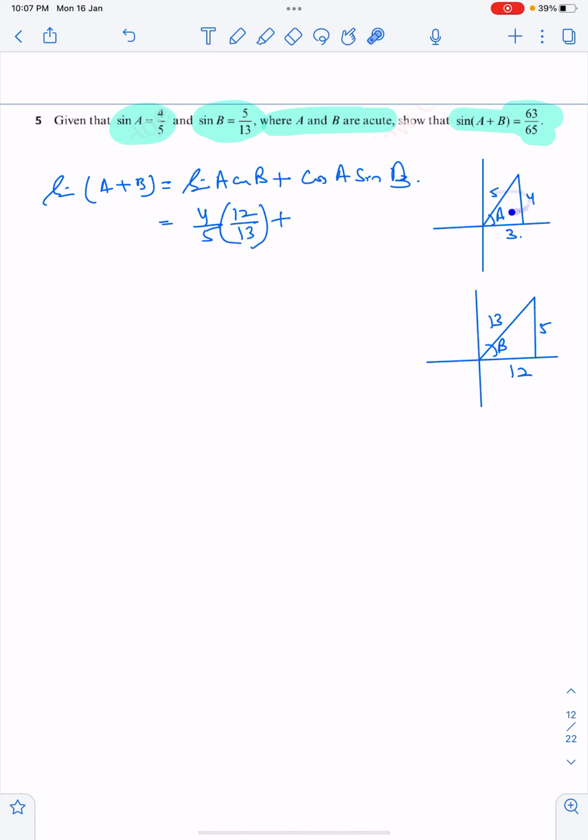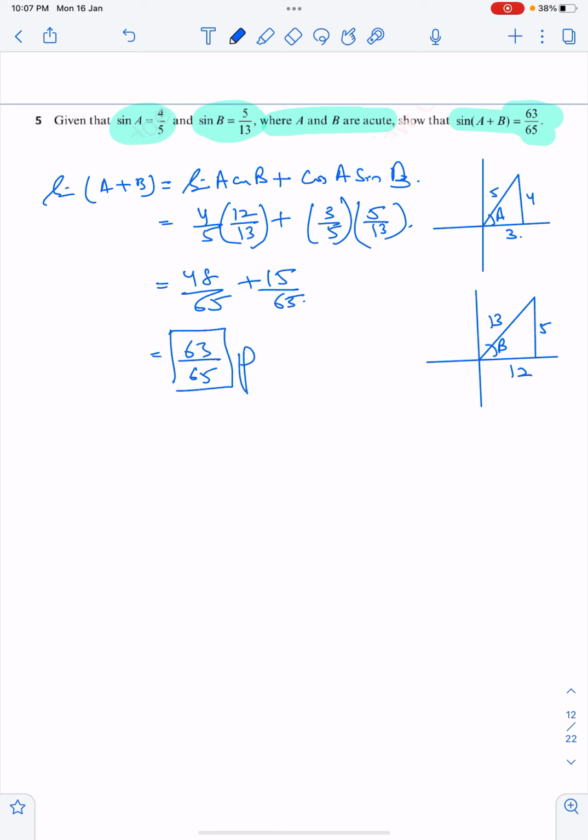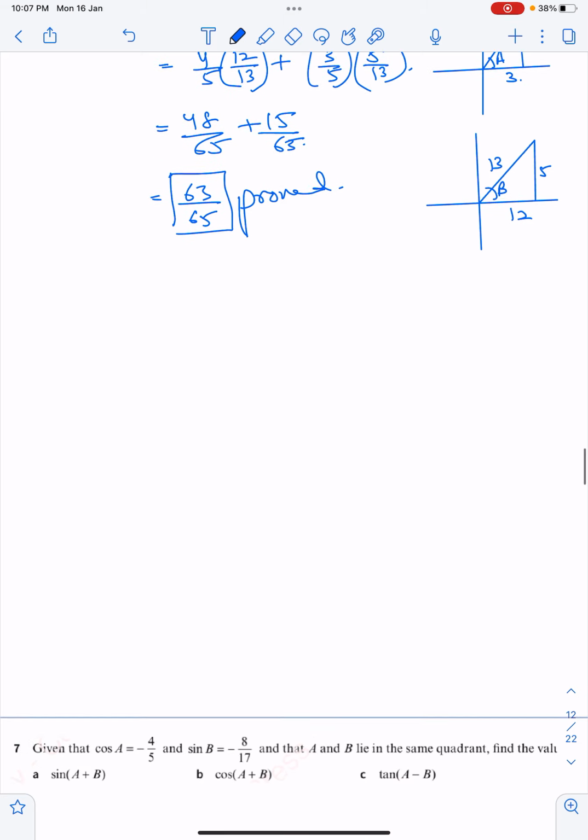Cos of A is 3 upon 5. Sine of B is opposite upon hypotenuse, 5 upon 13. Simplify this: 48 upon 65 plus 15 upon 65, which is 63 upon 65. This is proved.